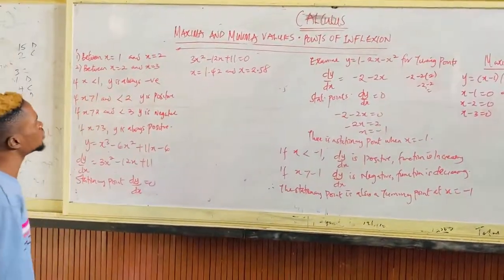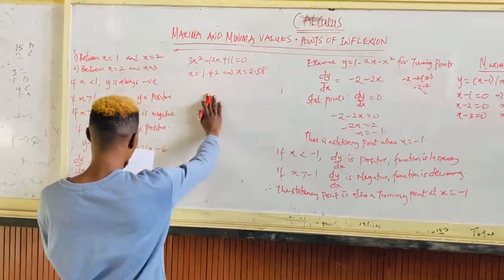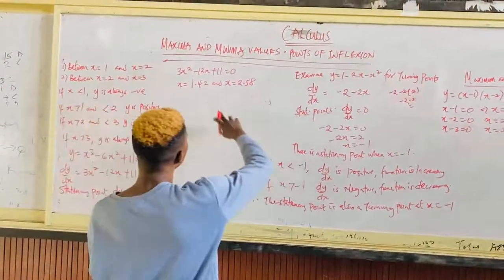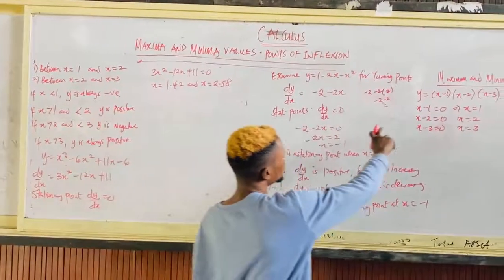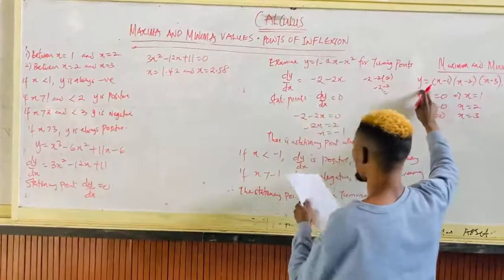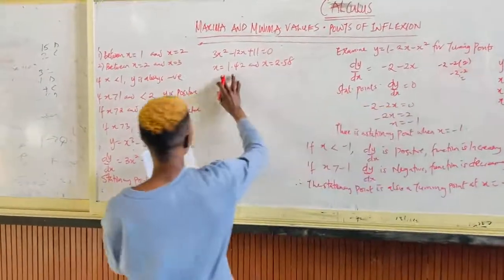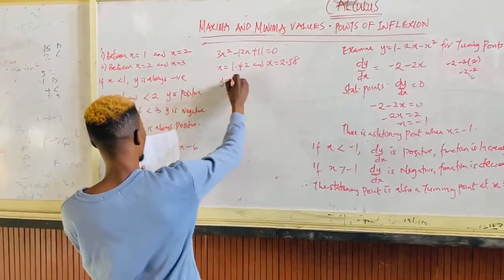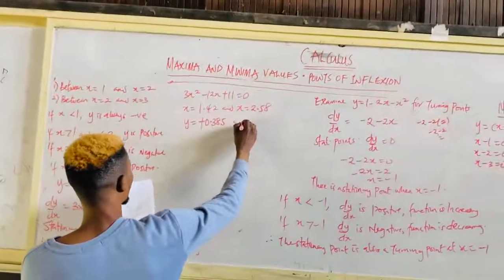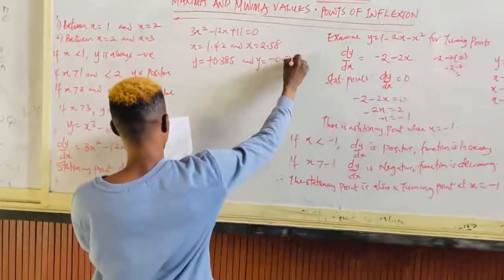Now if we substitute these values into our function, we get the values of the turning points. If x is 1.42, substitute here. If x is 2.58, substitute here. So we get the value when x is 1.42 as y equals plus 0.385, and this as minus 0.385.